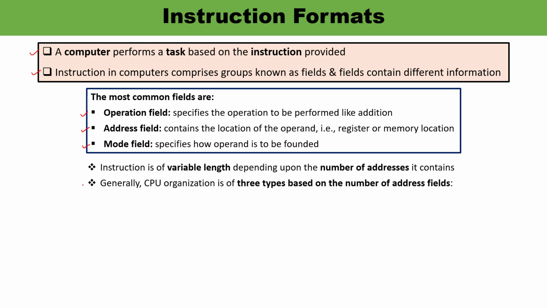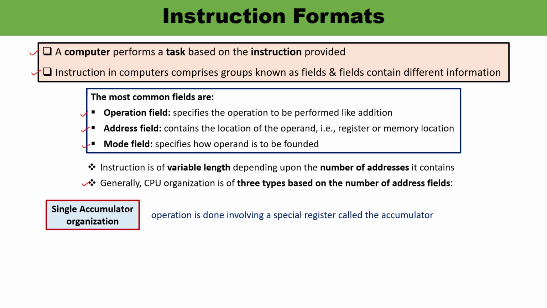Generally, CPU organization falls into one of three types. First is single accumulator organization. Single accumulator organization means the operation is done involving a special register known as the accumulator.